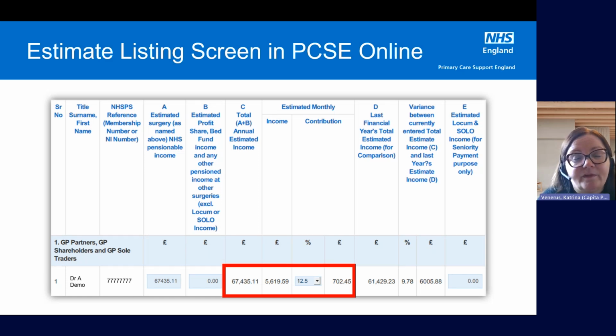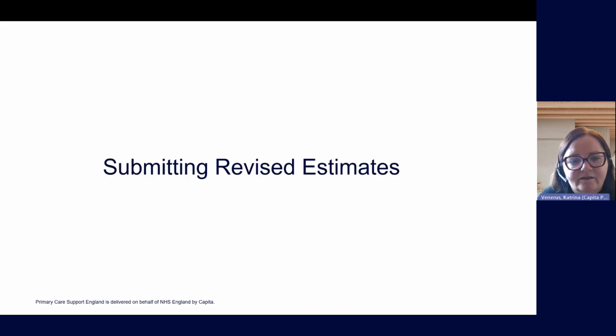Then it multiplies the monthly estimated income by the 14.38% employer's contribution rate to calculate the employer contributions, and that is what's deducted from your practice statement on a monthly basis.